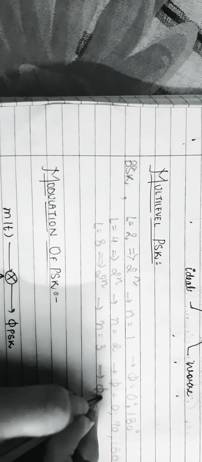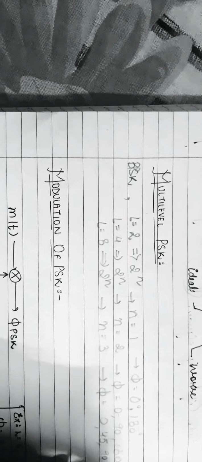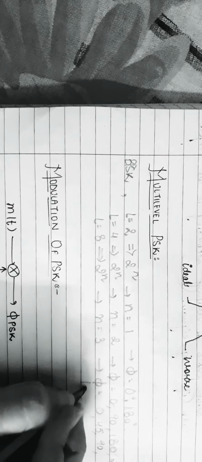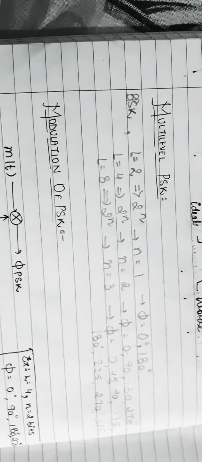So your phase angle phi is equal to 0, 45, 90, 135, 180, 225, 270 and 315. So this will be your phase angle. Basically, L is used to denote how many phases are represented.